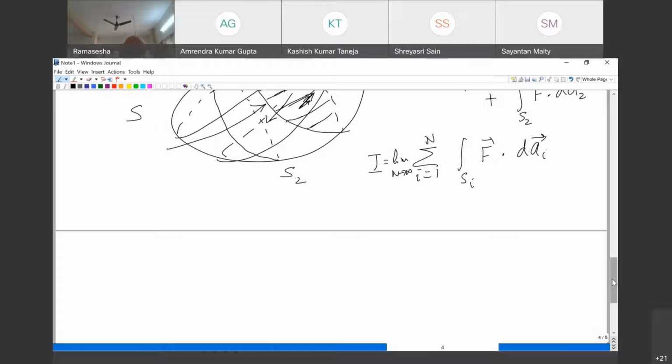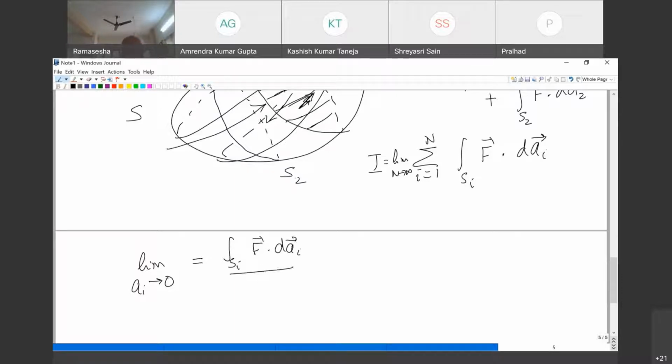Now supposing I have the following quantity, the limit as the area of the surface tends to 0, of the integral over the surface Si of F dot dAi divided by Vi, the volume enclosed by the surface Si.